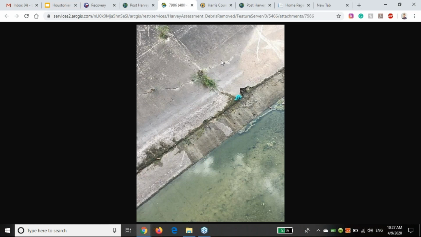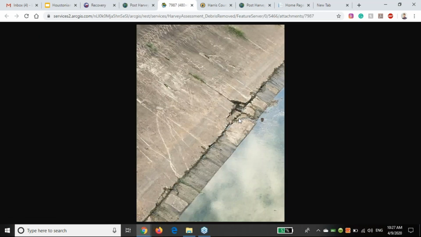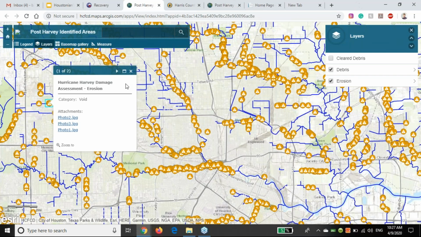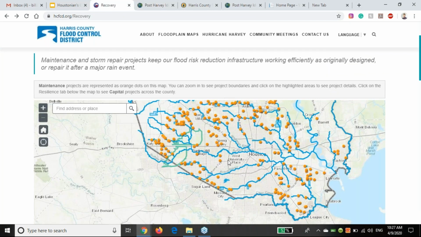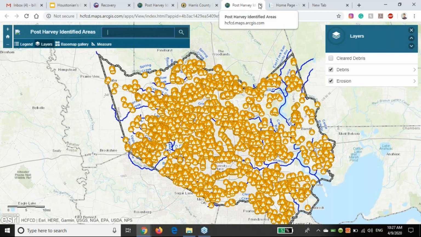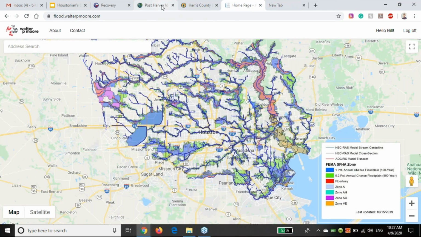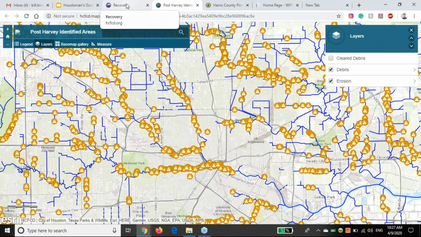It can be this crack right here, or it can be this erosion right here. This is identified and gets put onto a project for some sort of issue to be identified. So here we're identifying the areas. Here we're showing you the major projects. And like I say, you can go to this website and it's pretty good about showing you what's happening over here.